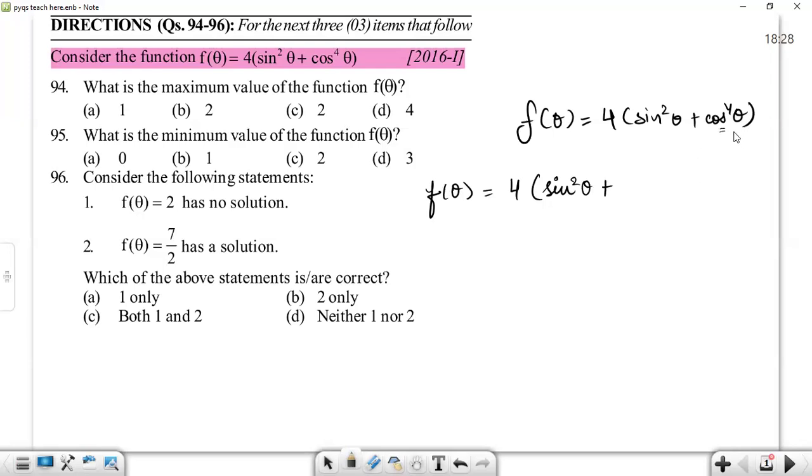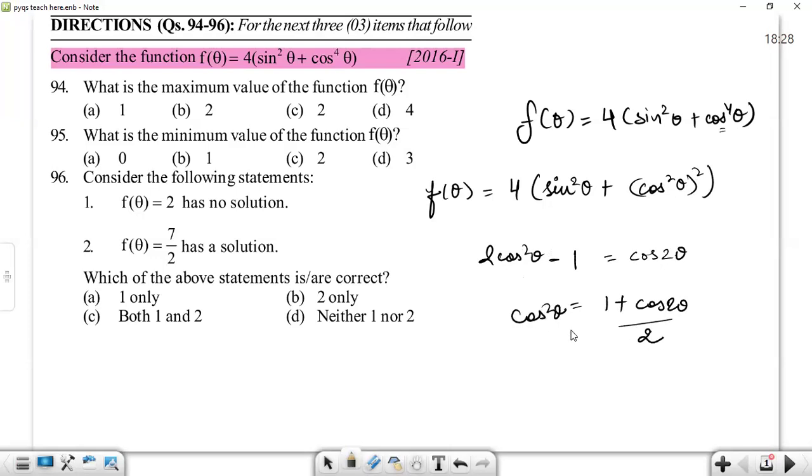Cos 4 theta, we can write as cos square theta whole square. We know that 2 cos square theta minus 1 is cos 2 theta, right? So cos square theta can be written as (1 plus cos 2 theta) by 2.